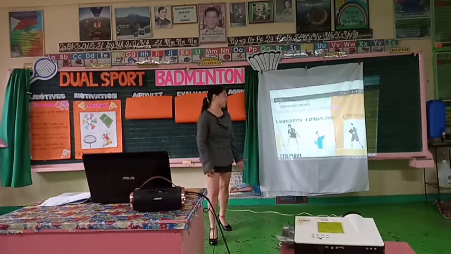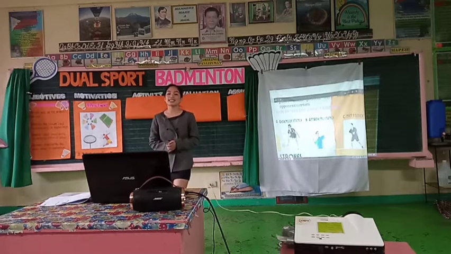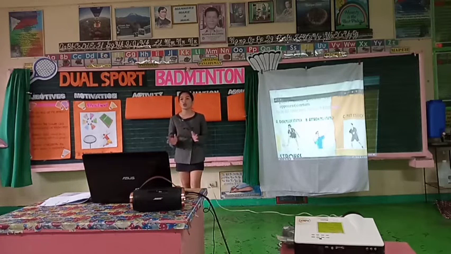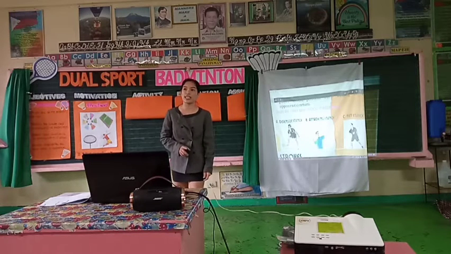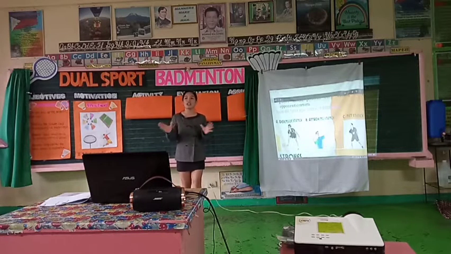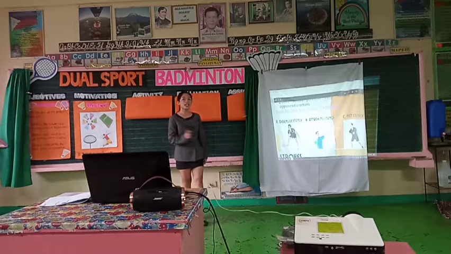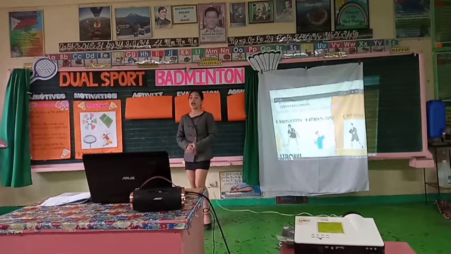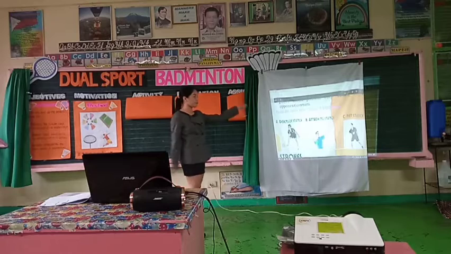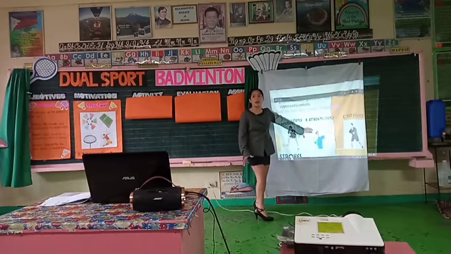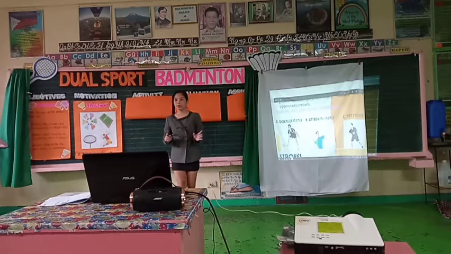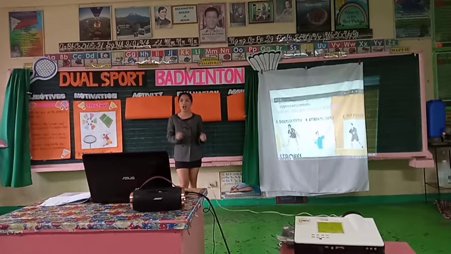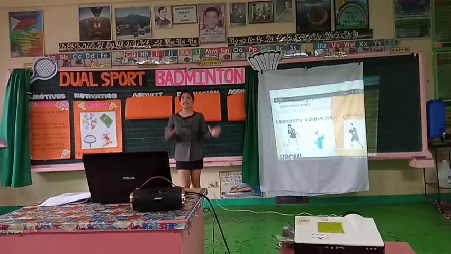Now let's tackle the attacking stance. The attacking stance will allow you to return a short or high lift from your opponent. To utilize the attacking stance, try to get behind the shuttlecock. Raise your arm, here in the pictures, raise your arms and then transfer your body weight, rather, to your racket leg and hit the shuttlecock as a smash.